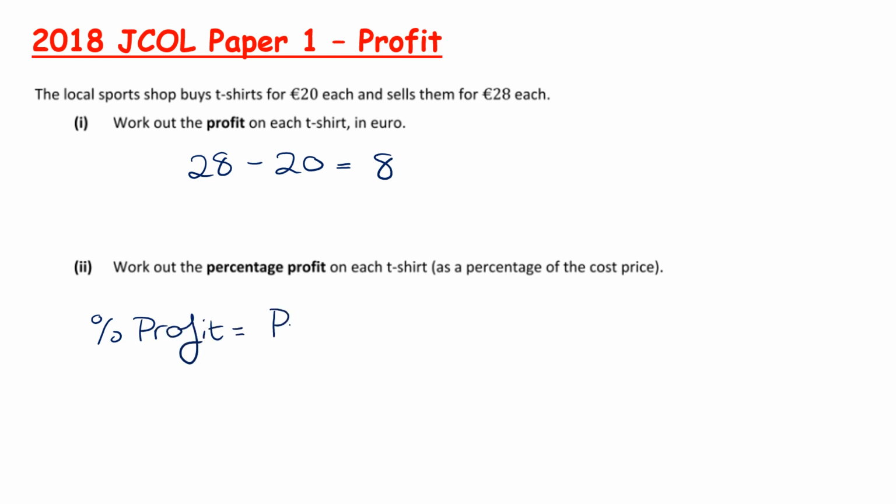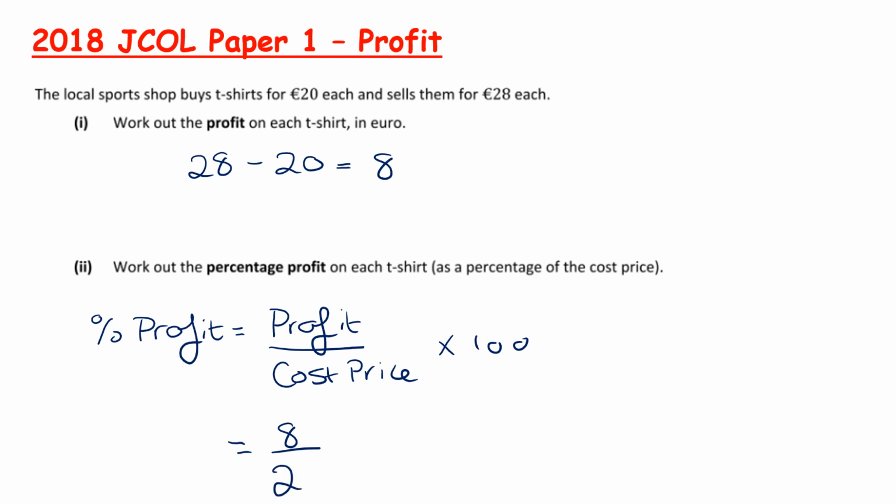So it's the profit over cost price, and then we multiply by 100. So for us, it's €8. It costs them €20. So the selling price is 28, but it costs them €20. And when we get this worked out, we get 40%.